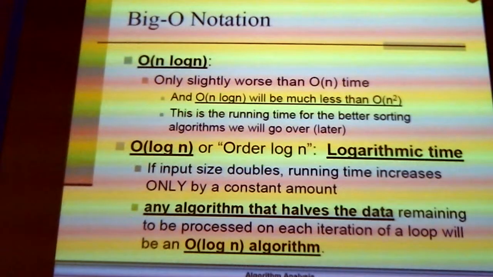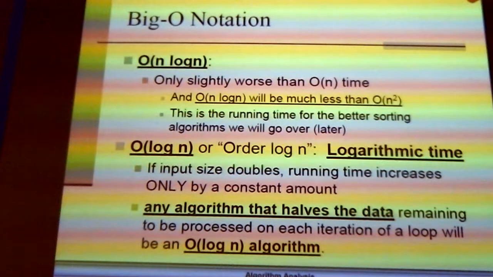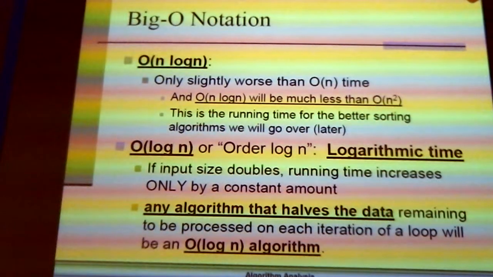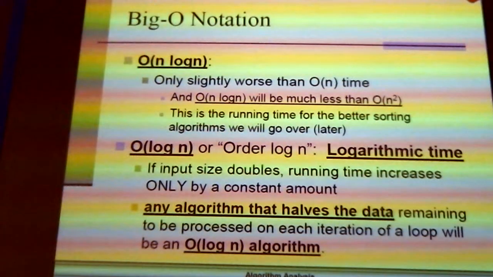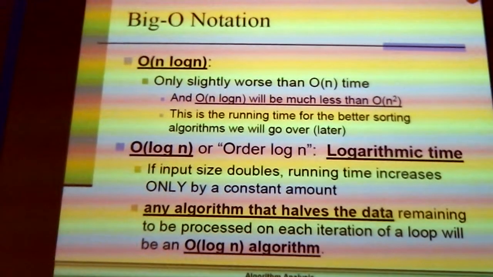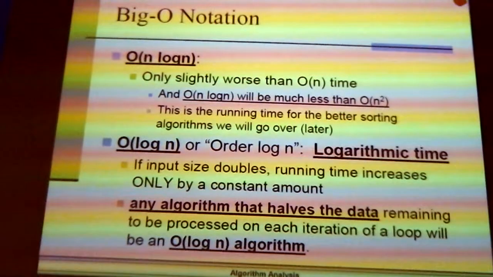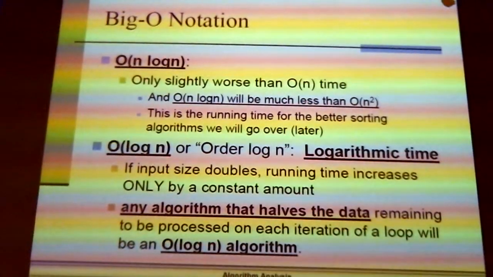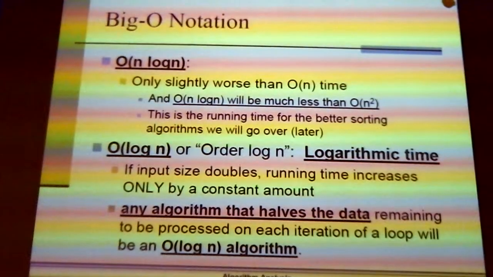All right, so we were doing the comparison between the different types of common big O notation. So n times log n is only slightly slower than linear, big O of n. And then we got down here where we were talking about our logarithmic time.